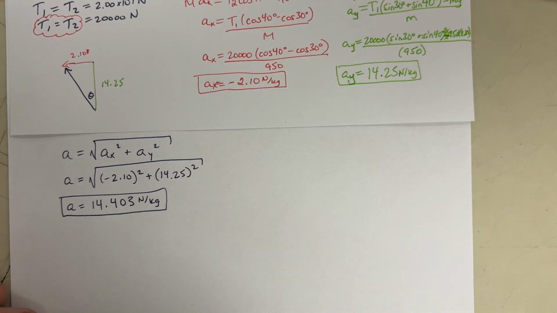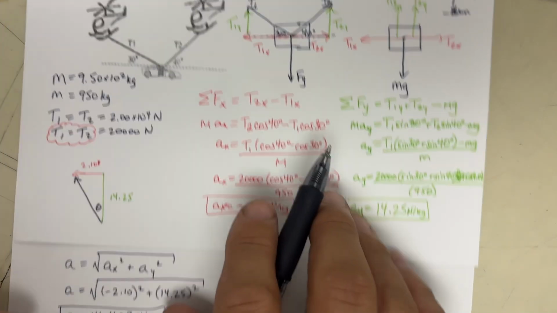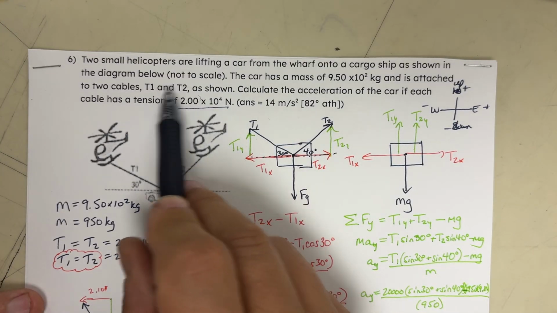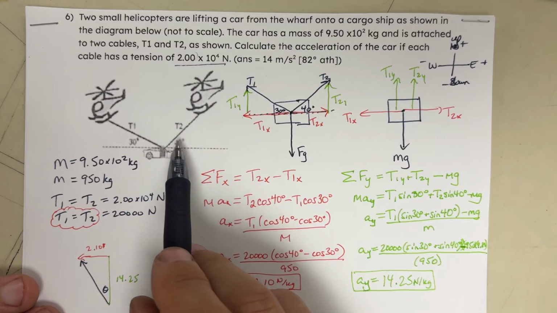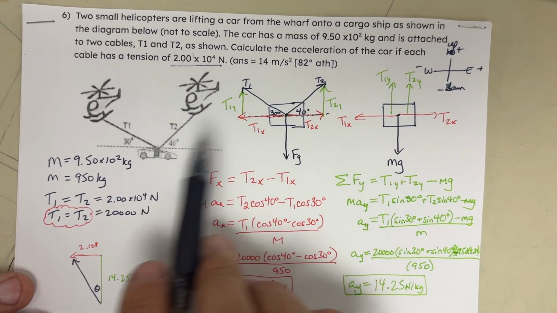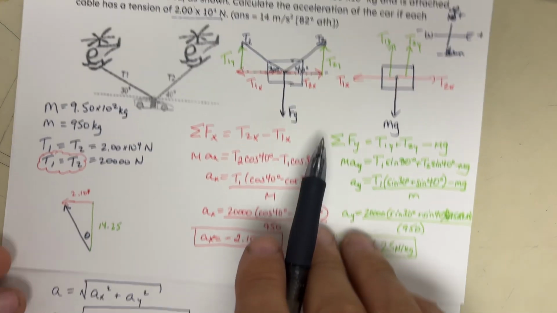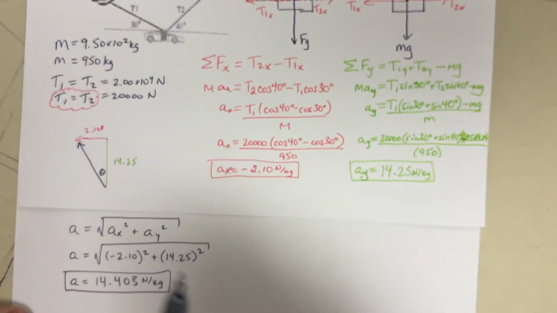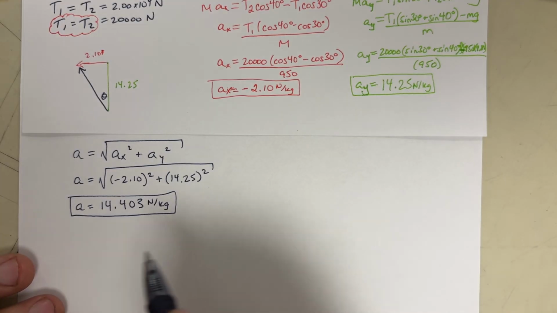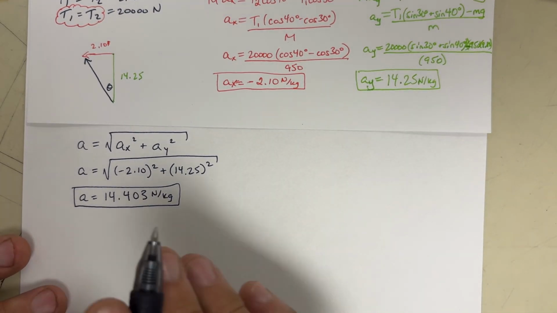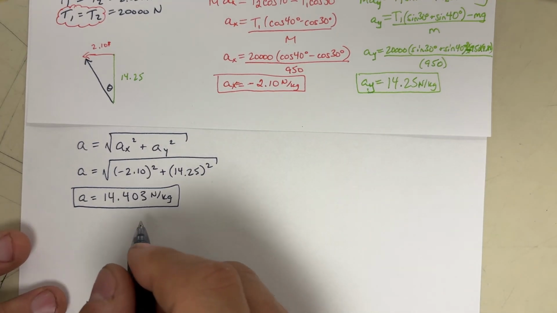So it looks like I have maybe 3 significant digits. Sometimes when we look at significant digits, we look here, there's 3. This one has 3. In the diagram, the angles only have 2, but we ignore the angles. We assume the angles are really precise. I'm going to stick with 3 here, so 14.4. If you said 14 and argued that it was the angles, that's not a huge issue.